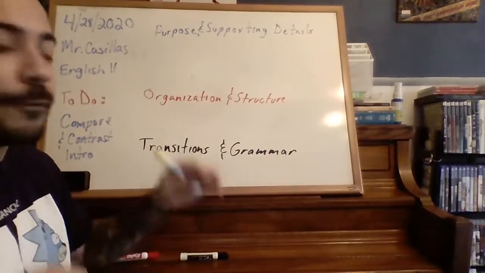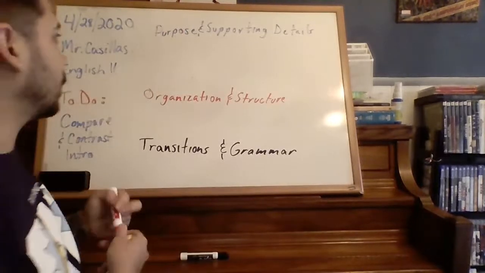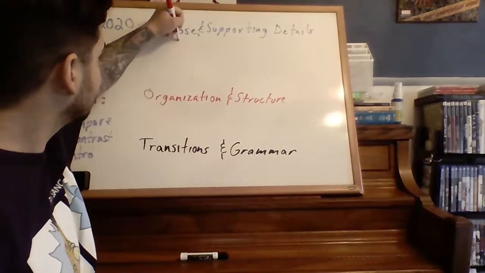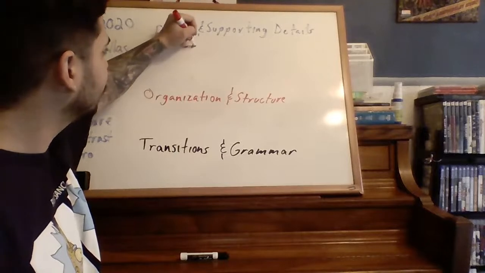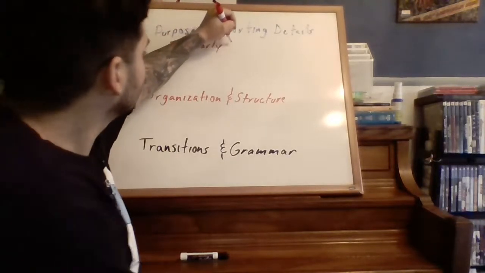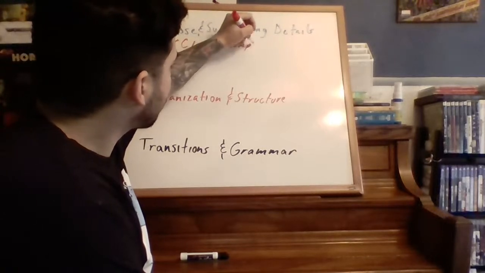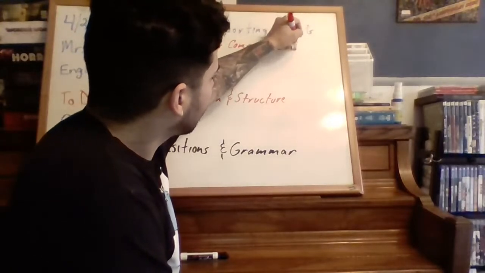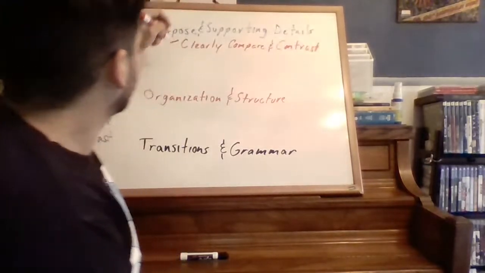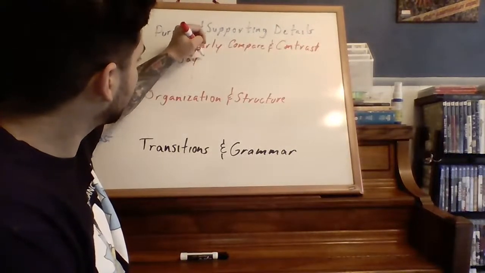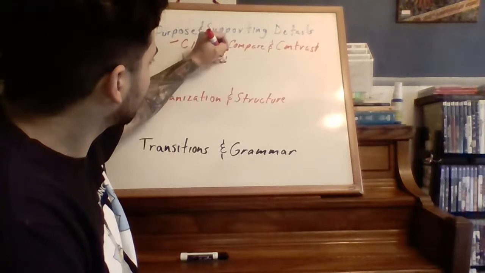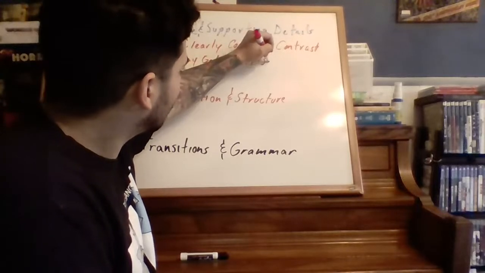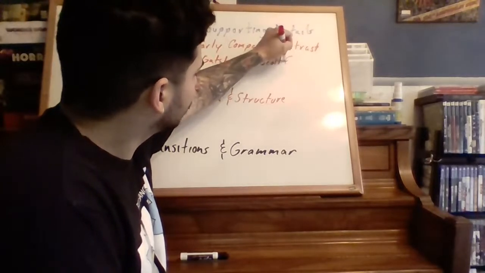To receive a 4 under purpose and supporting details, number 1, you would need to clearly compare and contrast J. Gatsby to F. Scott Fitzgerald.